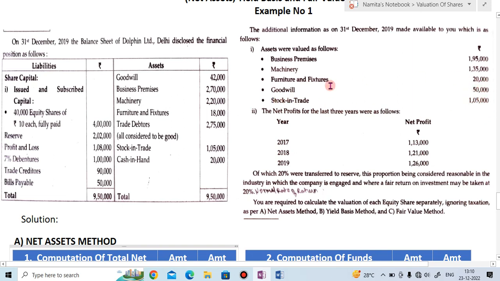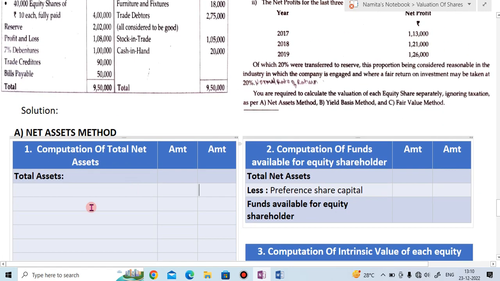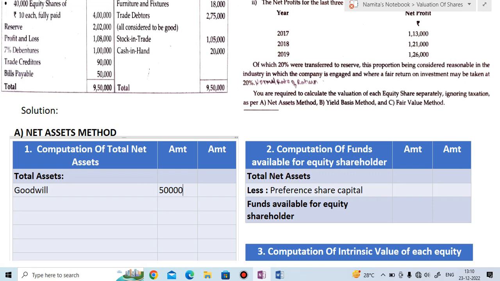So the amount which is revalued, you will take for the calculation of total net asset. So goodwill is 50,000. First will be goodwill. Write the amount in the inner column, 50,000.